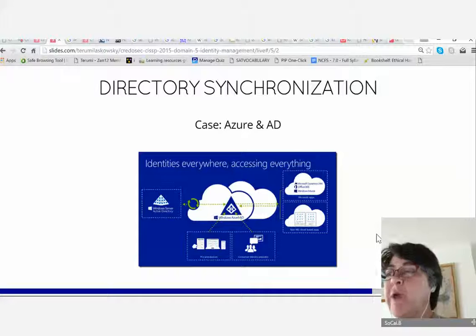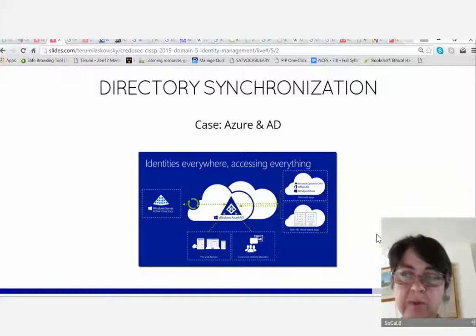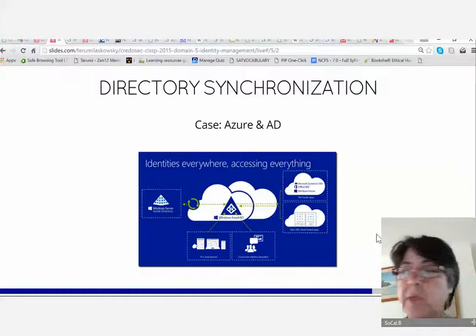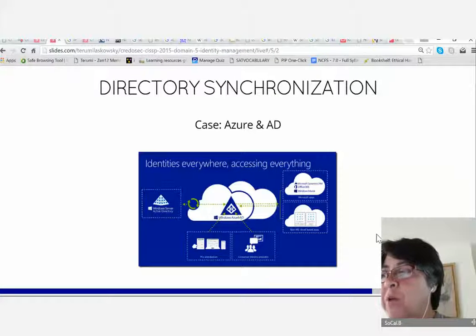Right in the middle, you have the cloud, that is the Azure, and then you have the Active Directory, which is the Azure Active Directory. Notice on the left-hand side, you have the Windows Server Active Directory, so that is your local Active Directory, and it synchronizes. And notice you have all the consumer identity providers.